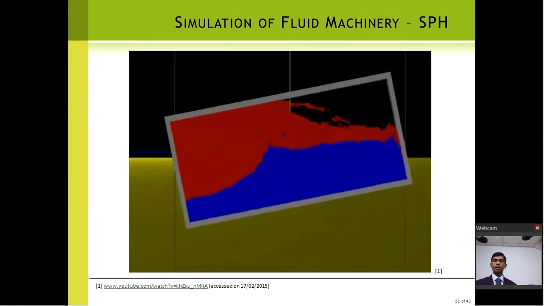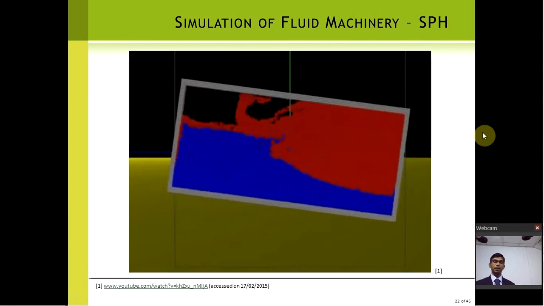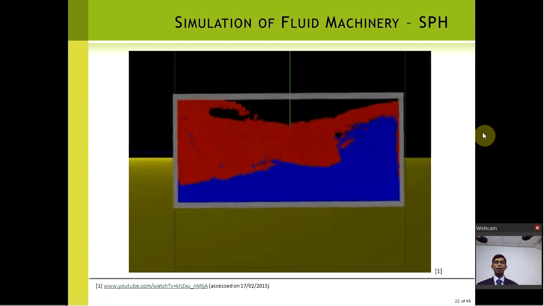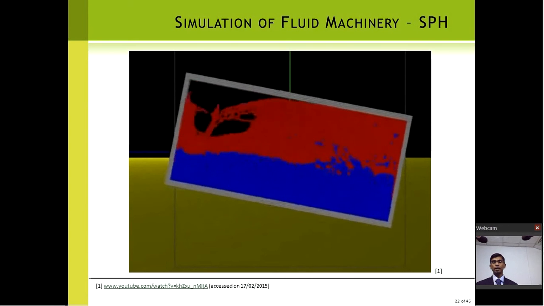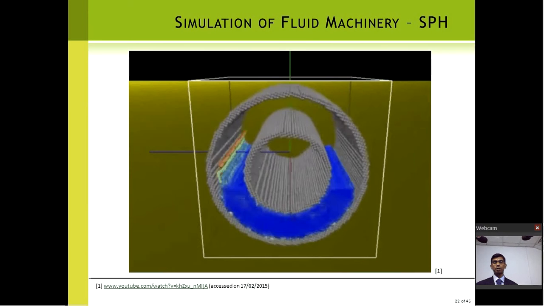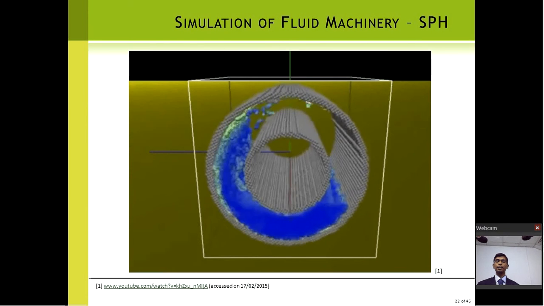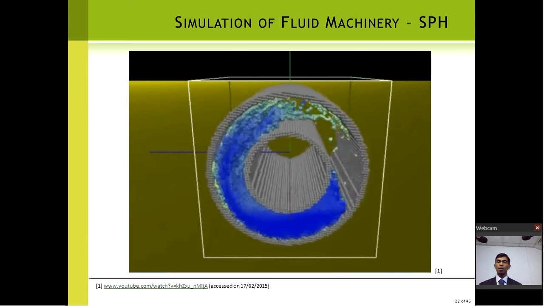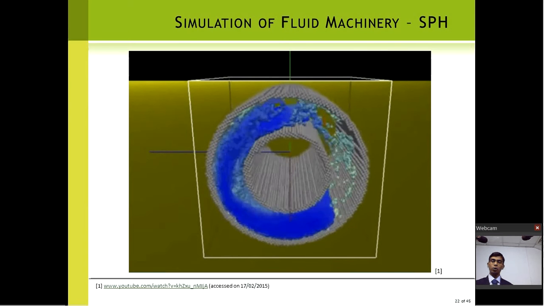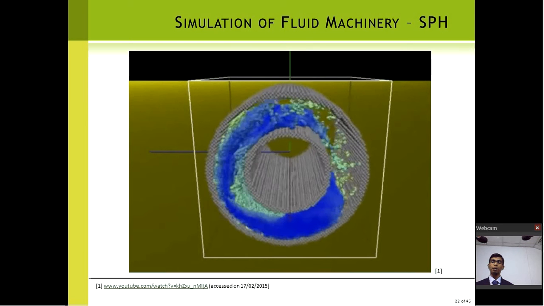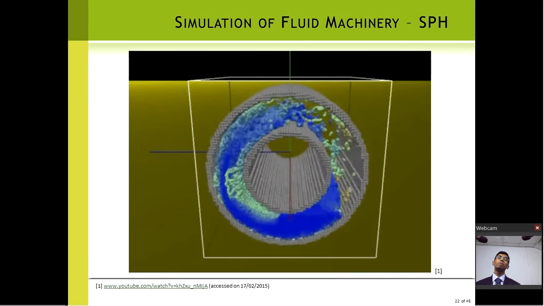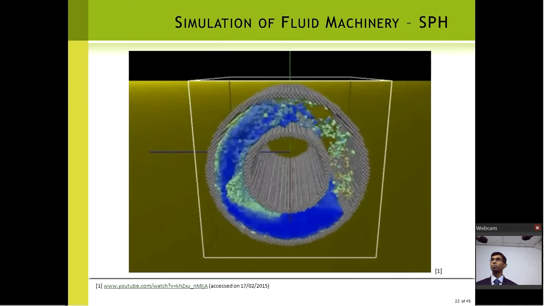You can see particles form, so they are independent, and different mixing is there. Particularly in fluid machinery, we can simulate both the solid and liquid, and you can see how the mixing is happening, not just velocity vectors. We physically see how the fluid moves. That is the benefit.